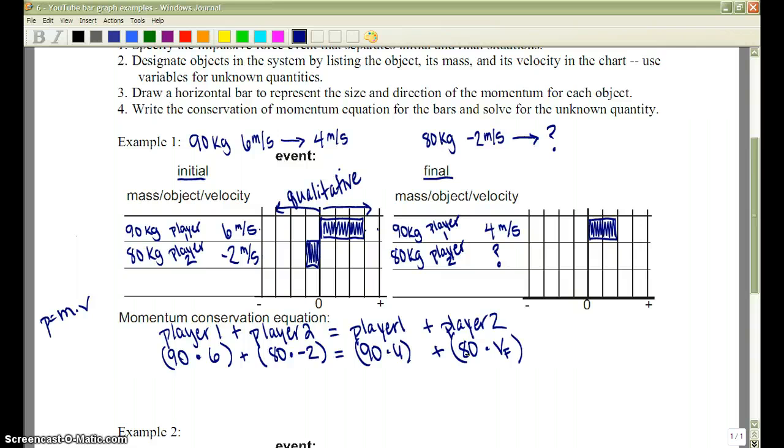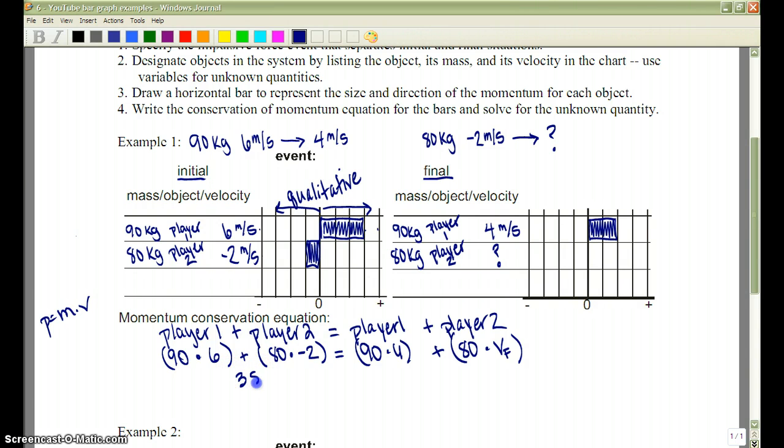So in this case, let's say we wanted to figure out how fast is that guy going at the end. Well, now I'm just solving my algebraic equation. So on the left side, I'm going to get 540, that's this number, minus 160, because that's my other number.